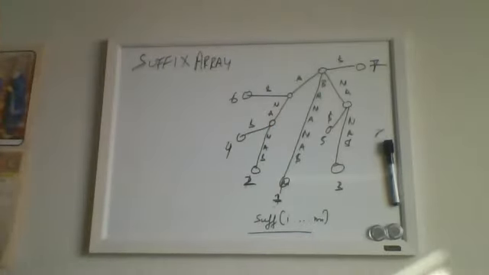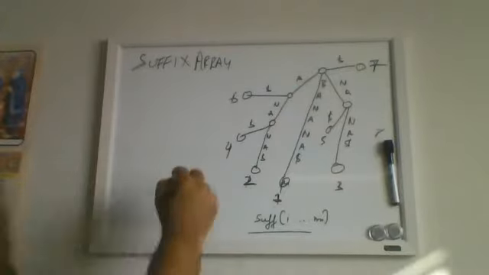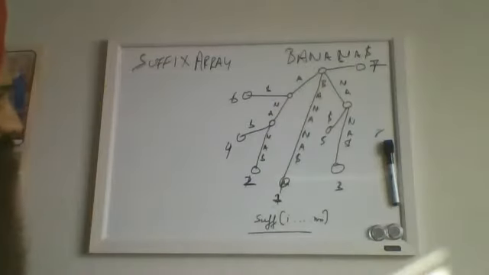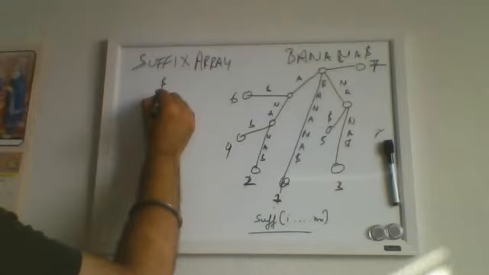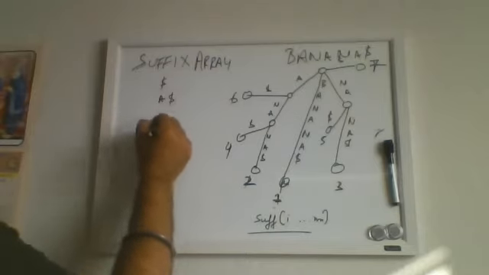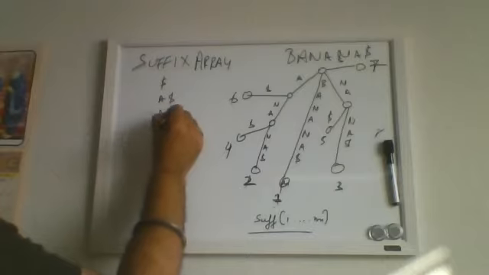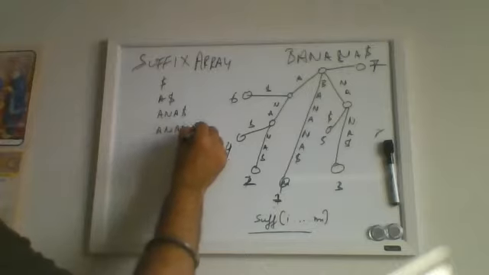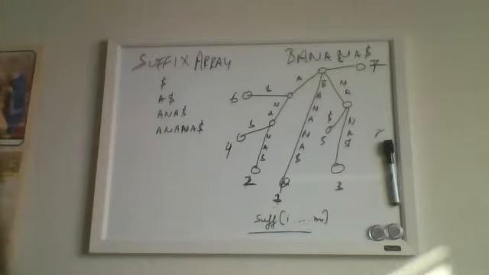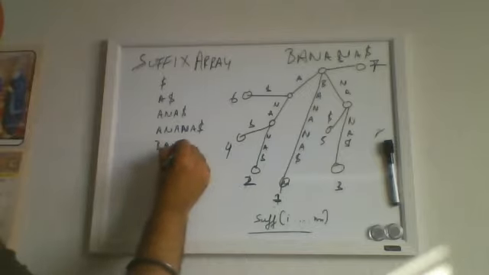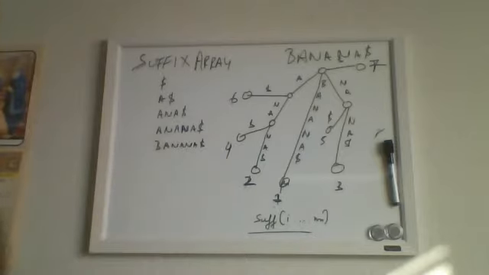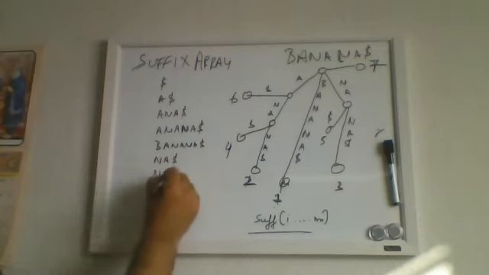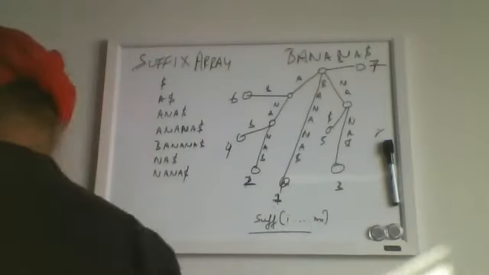If you take the suffixes of the word banana and list them in sorted order, then you get: dollar sign, a dollar sign, a n a dollar sign, a n a n a dollar sign, then banana dollar sign, then n a dollar sign, and n a n a dollar sign.